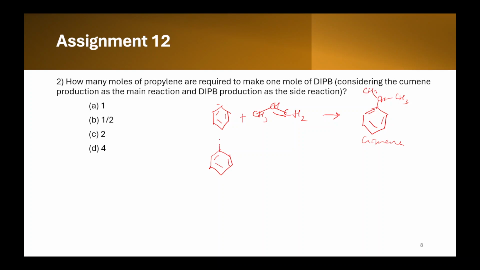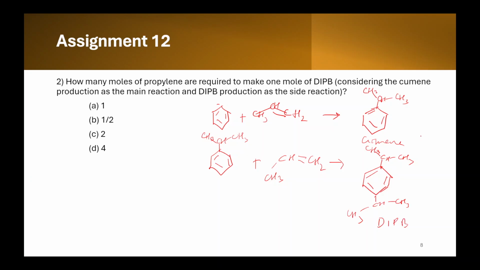Then this cumene plus propylene again gives us diisopropyl benzene, with CH3, then again CH, CH3, and CH3. So this is your DIPB.